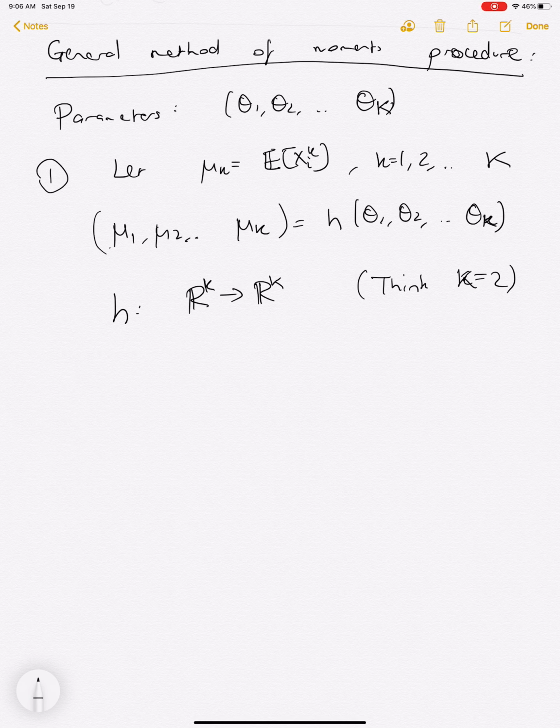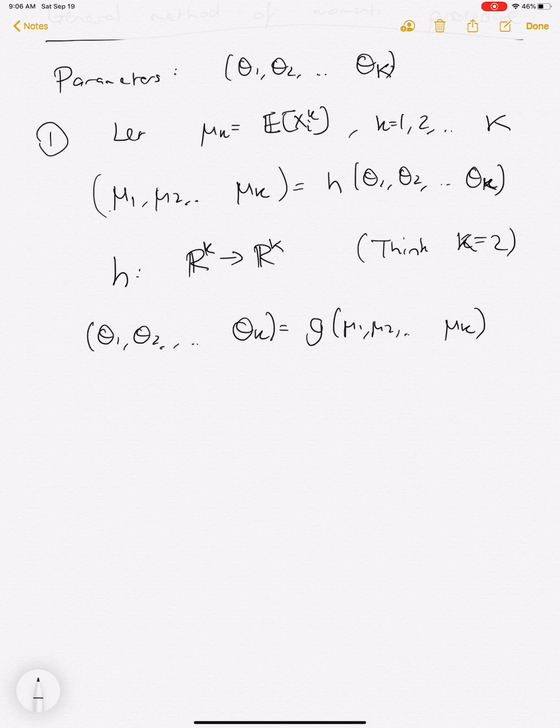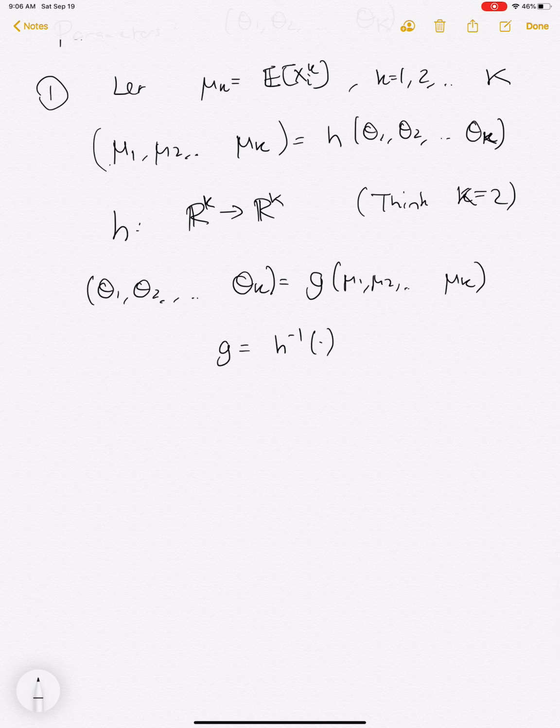Then we again have to invert that expression. So we're going to get theta 1, theta 2 up to theta K equals g of mu1, mu2 up to mu K, where g is equal to h inverse. So we're now inverting a K-variate function. We'll see how to do that shortly in some examples.